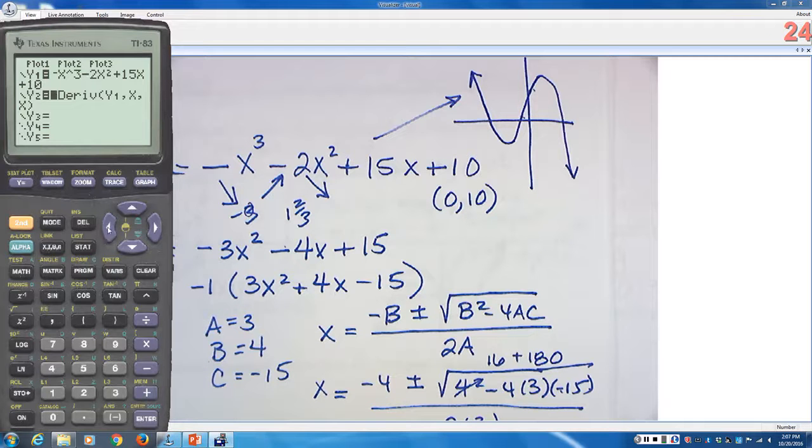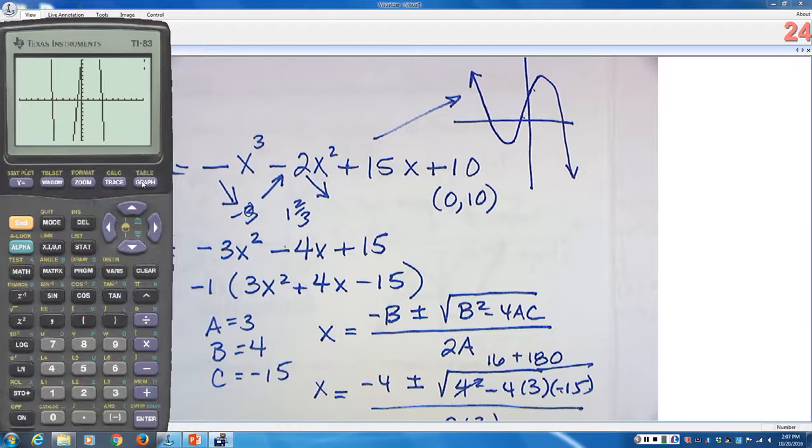And I don't have to see its derivative. I just want to see the graph and see if I'm right. So I'll put it on my standard window and hit graph.